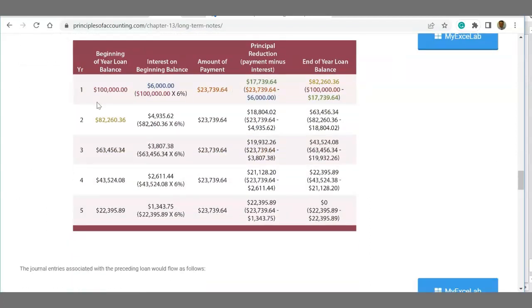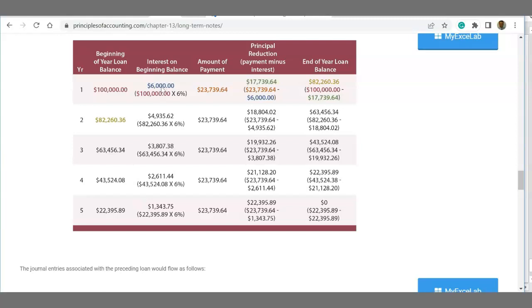And here is the idea. So here you are borrowing $100,000, and your payment every year is $23,739, right? And your original borrowing amount is 100,000, and the annual interest rate is 6%, right? So 100,000 times 6%, that's $6,000 interest expense for year 1.